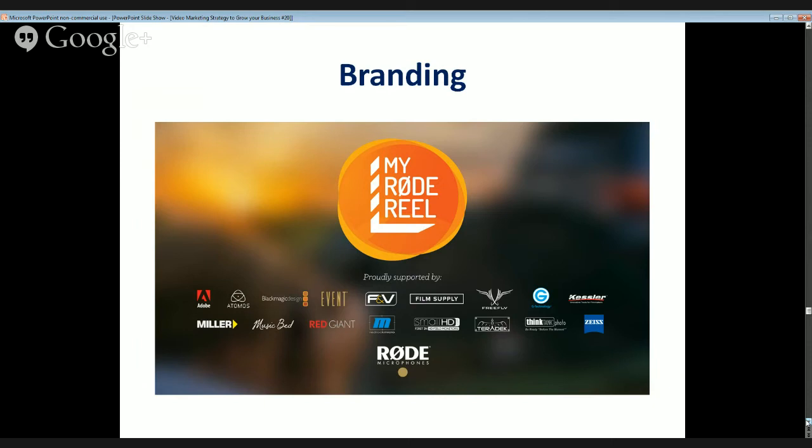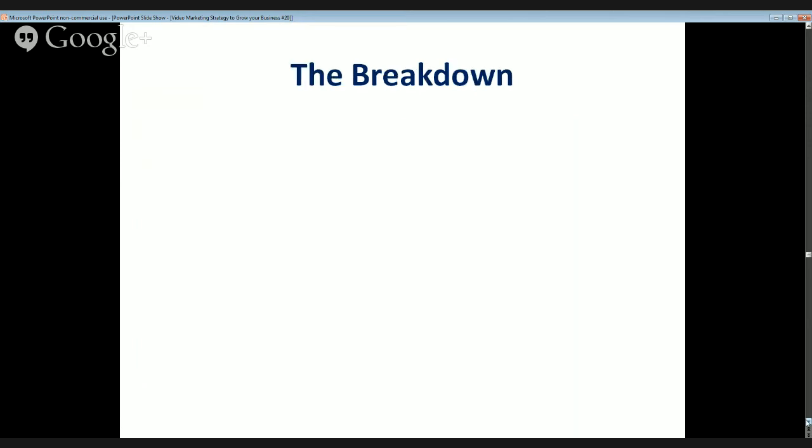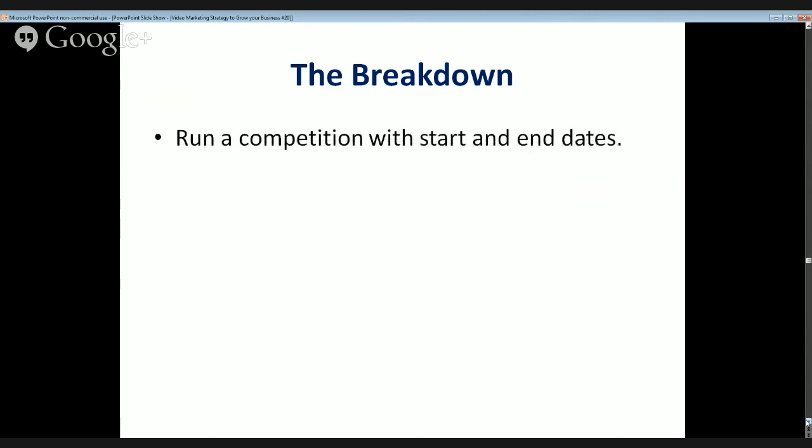So as I say, let's look at the potential results. Or let's look at the breakdown of this campaign first. So really, if you want to have a very successful user-generated competition, a competition obviously is a great way of doing it. Have a start and end date. So be very clear when it starts, when it ends.